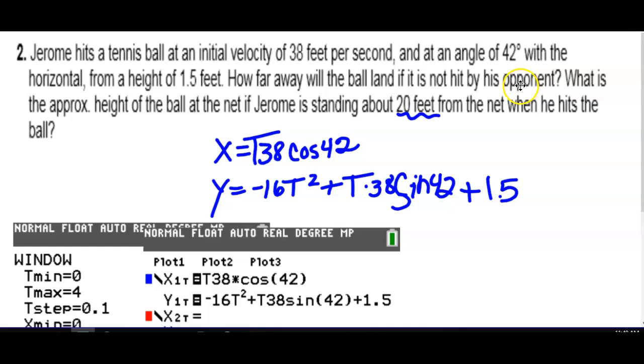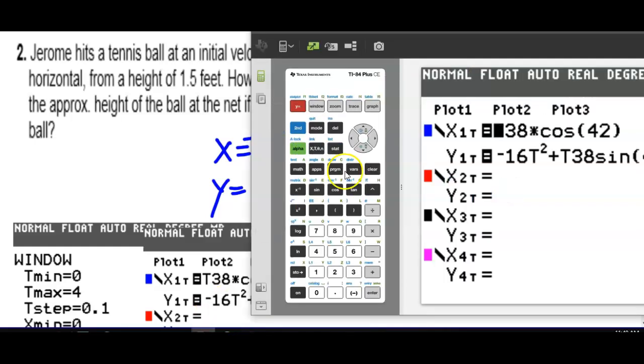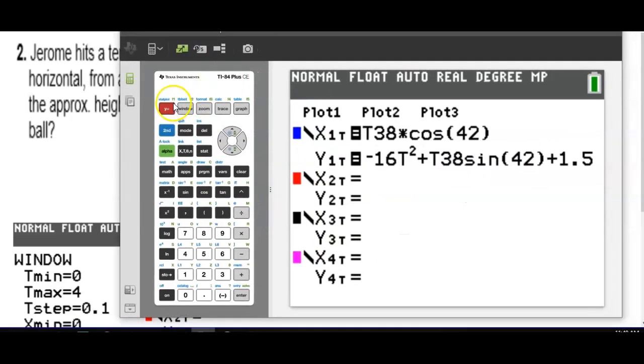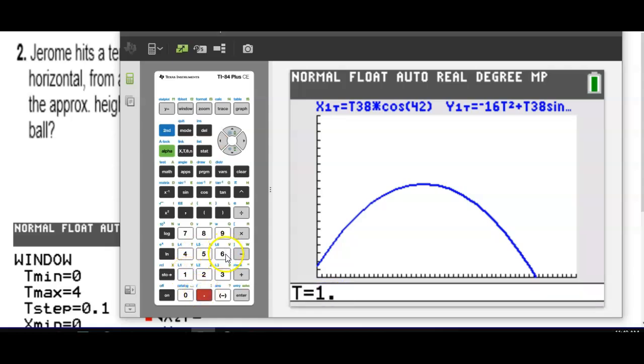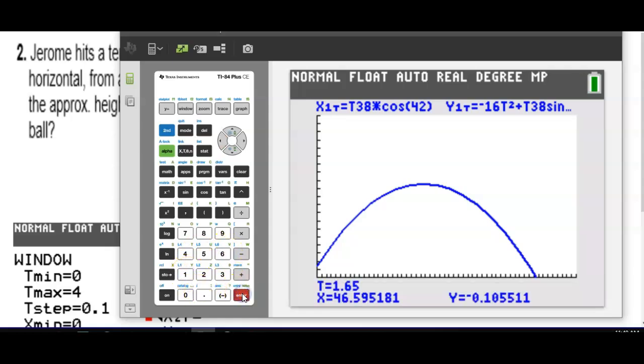All right, so the question was, how far away will the ball land? So if I go here and trace, I want to get the height, the y value, as close to 0 as I can. So I could use here, I might even do a little fancy 1.65 seconds in.